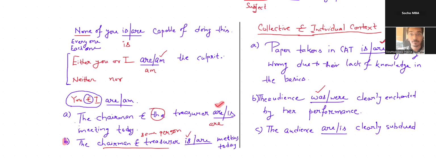Is. Now, if we talk about the subduing, is each person subdued individually or is the whole audience collectively subdued? It might be both. Subdued means that they were enchanted.